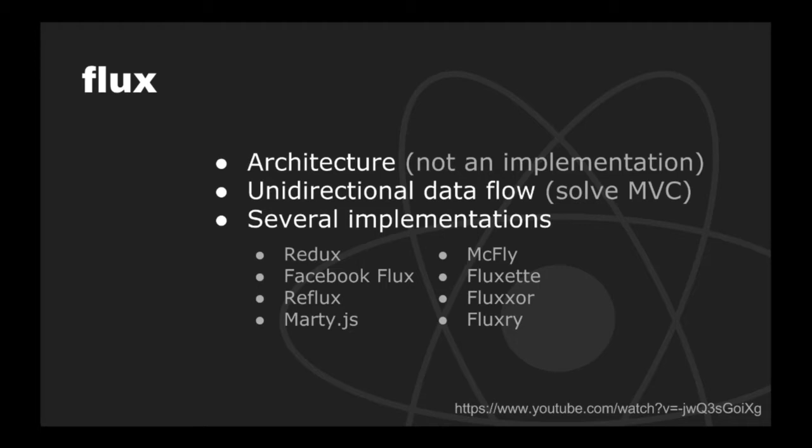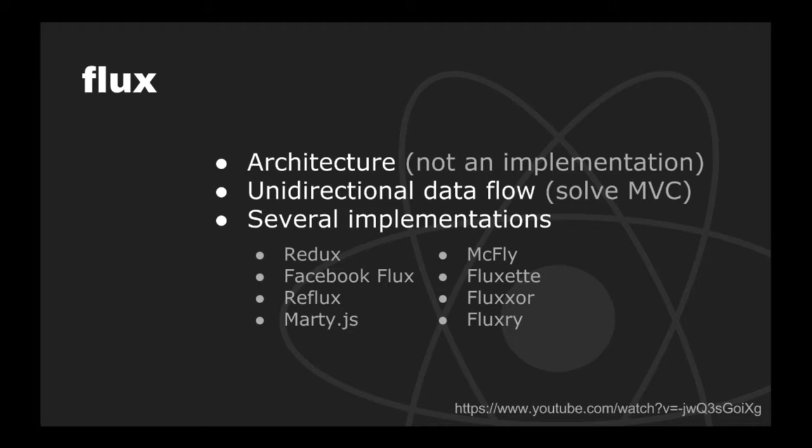And as it is not an implementation and it's just an architecture, we can find several implementations of Flux out there. Mainly we have Redux. We have now an implementation from Facebook, which is Facebook's Flux, but if you take a look at that, it's mainly just the dispatcher, and it's not opinionated on how you are going to implement your stores and your actions and stuff.